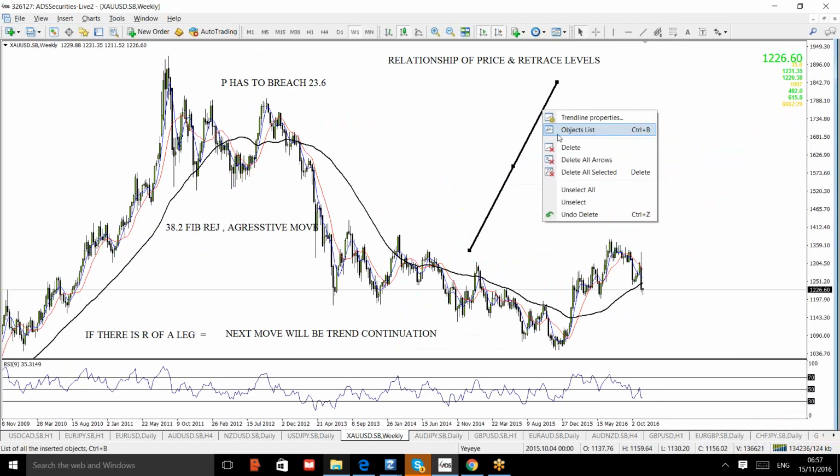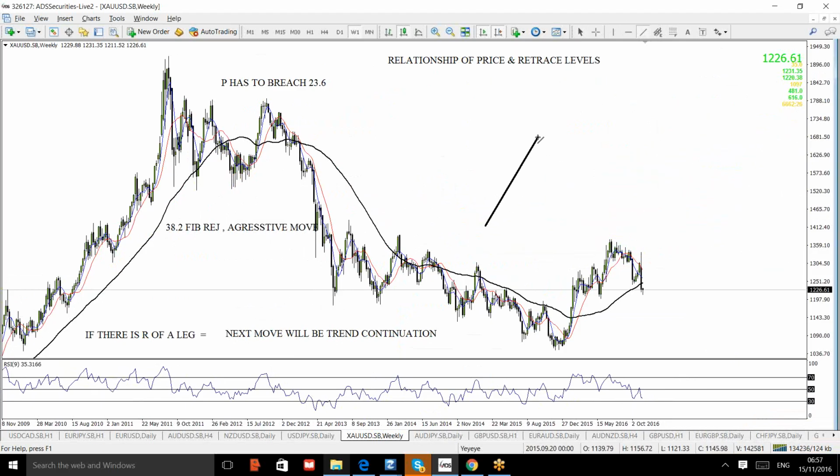Guys, this is a move. If there is a retracement move, remember, this means the trend is intact, because automatically the price will make what?